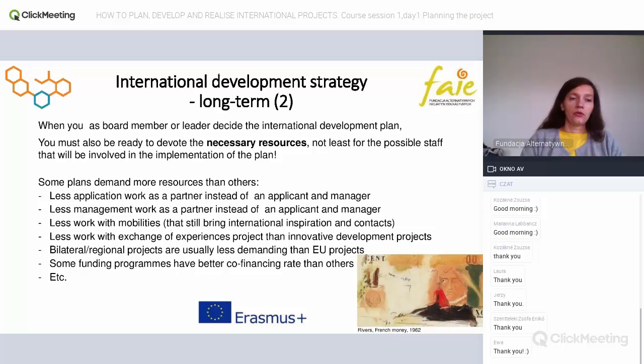And one more thing to remember and to check if you are interested in some grant area is that the grant programs have various levels of financing. It can be 60% of the budget, it could be 70, it could be 85, it could be 100. So this is also important to know, it differs, and this is an important thing to check when you plan an international project.